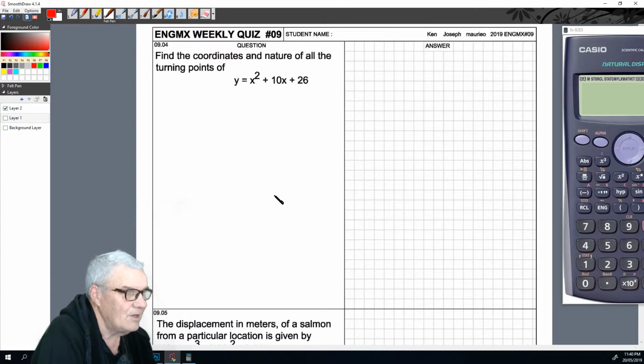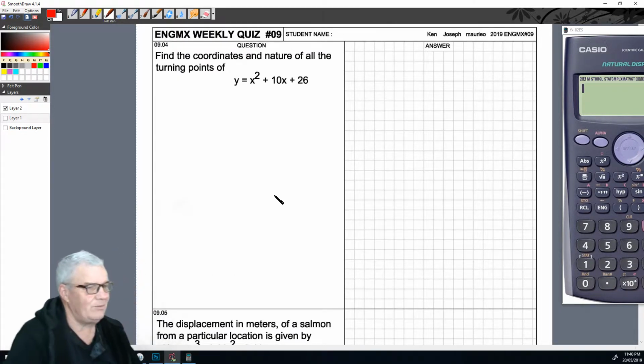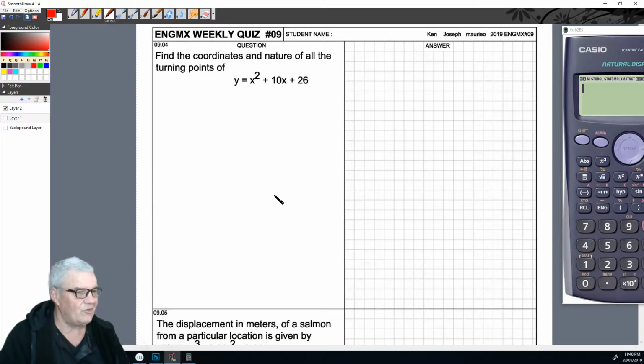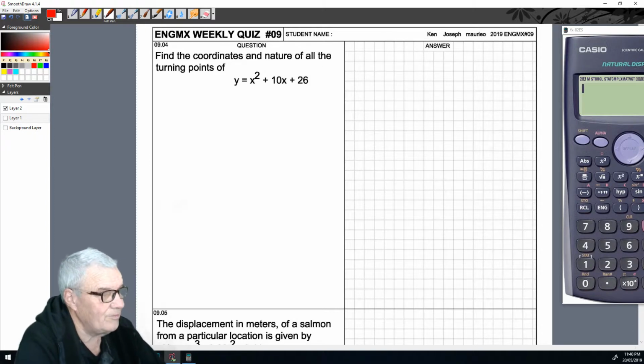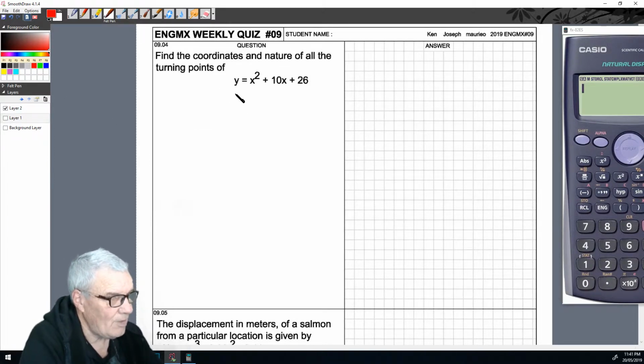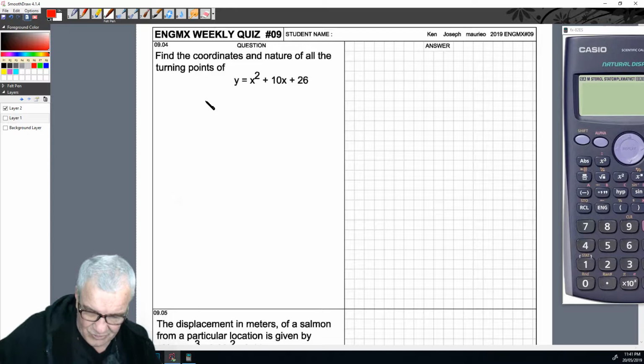Okay. Find the coordinates and nature of all of the turning points of y equals x squared plus 10x plus 26. So look, it's pretty obvious for these types of things that you're going to have to differentiate it.